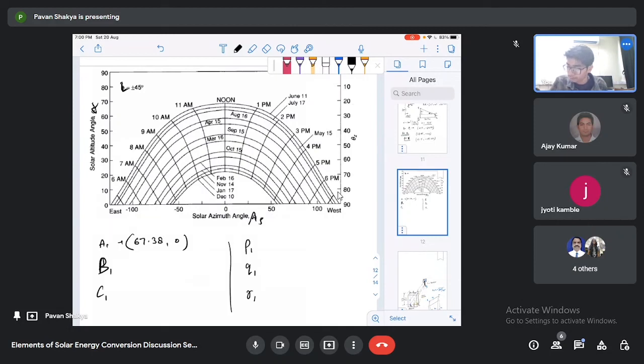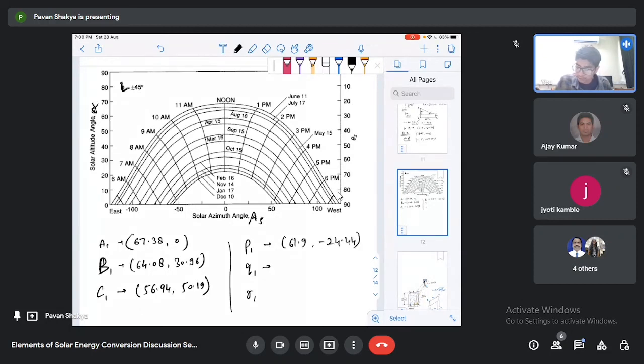For B1 it was 64.08, 30.96. For C1 it will be 56.94, 50.19. Okay, for P1 coordinates 61.9, minus 24.44.